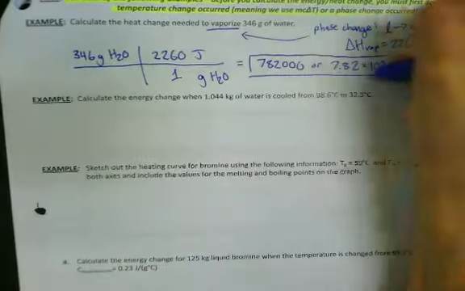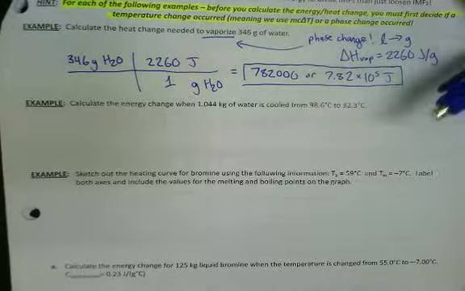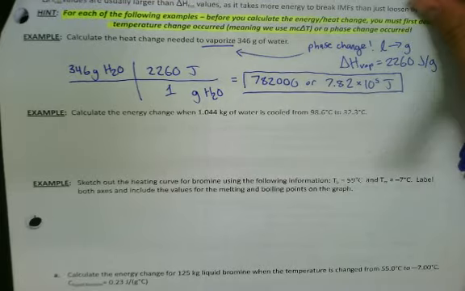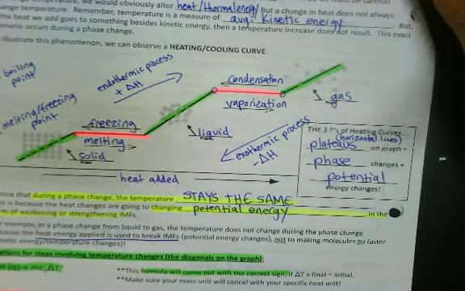The last thing we need to do, I guess I boxed this before I did my sign, but the last thing we need to do is determine whether or not this needs a positive or a negative sign. So if we are vaporizing water, positive. Why do we say positive? Because it's what? It's going up the curve. Yeah, if we're going up the curve this direction, we're going to have positive.